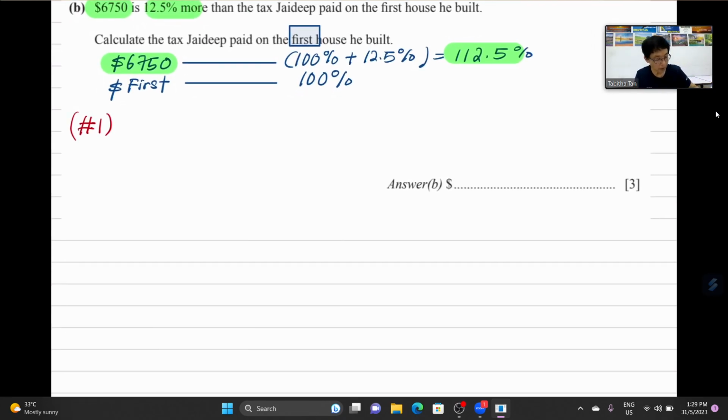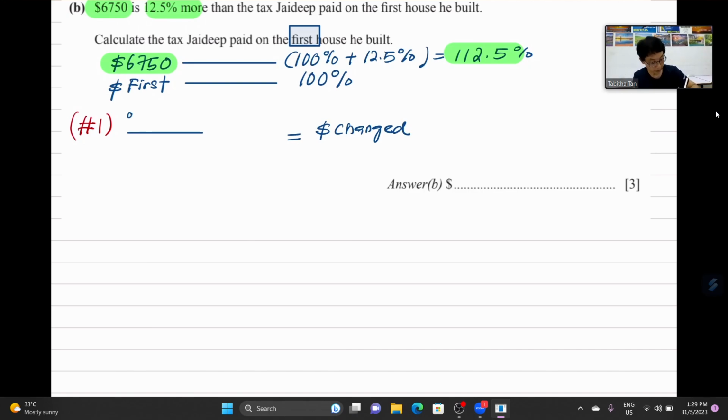Under method one, the percentage change basic concept, we know that in order to get the quantity after change, we can get this by a fraction of the change quantity.